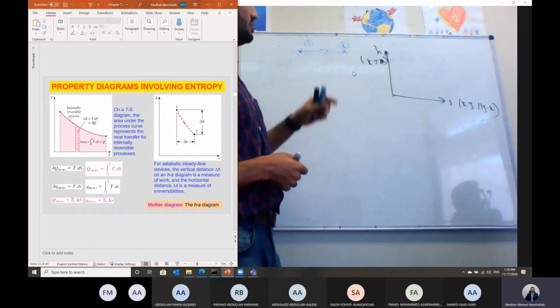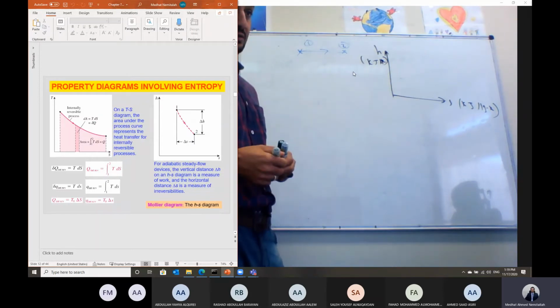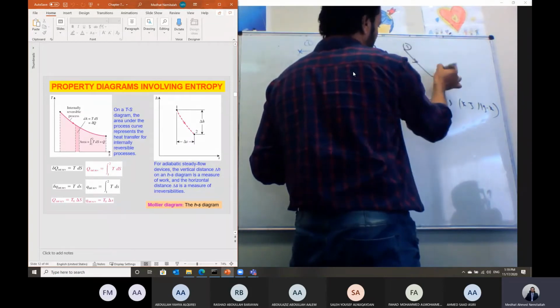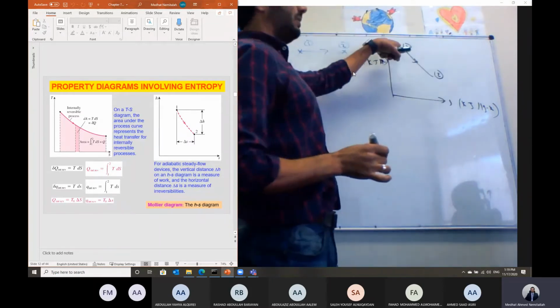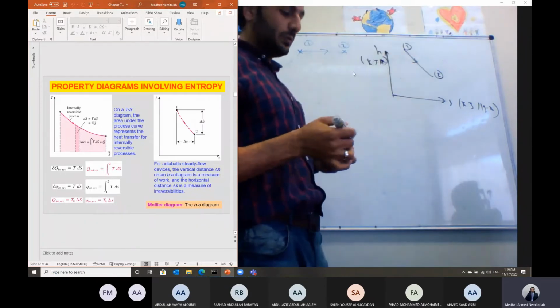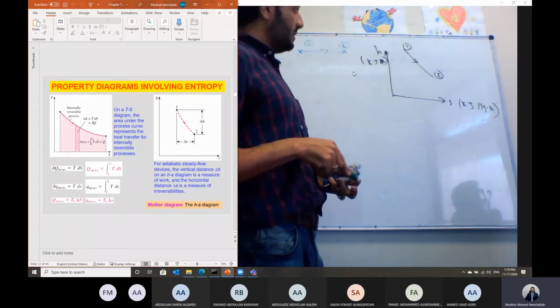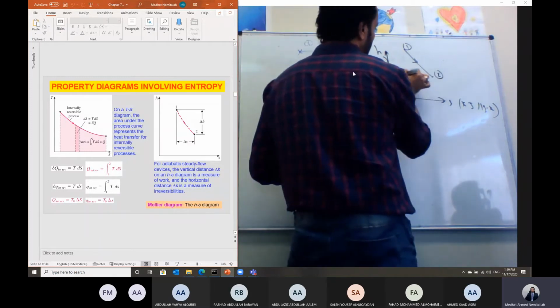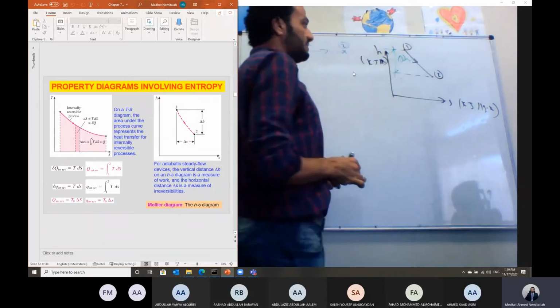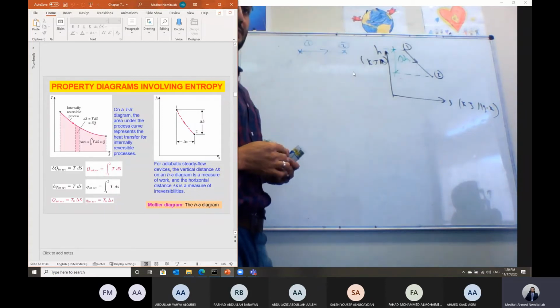So if we have an expansion process, like expansion in a turbine, we can represent this process of expansion from point 1 to point 2, from high enthalpy, high pressure and high temperature to low enthalpy, low pressure and low temperature. So in this case, Shabab, this difference delta H from 1 to 2 gives us indication about what?